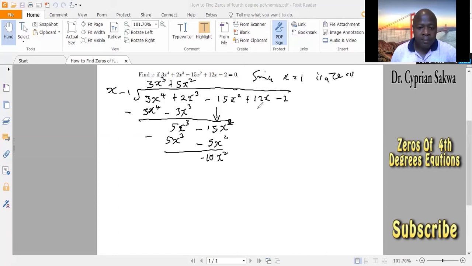Bring this one down, and it is plus 12x. So how many times does x go here? And x goes there minus 10x.